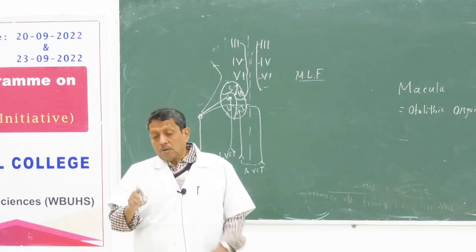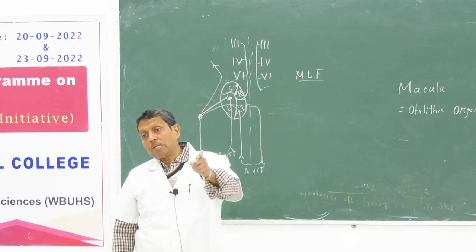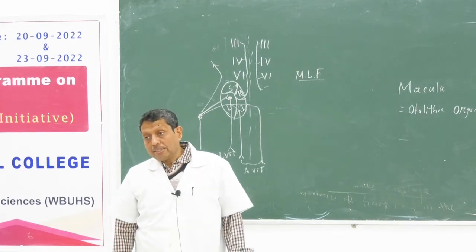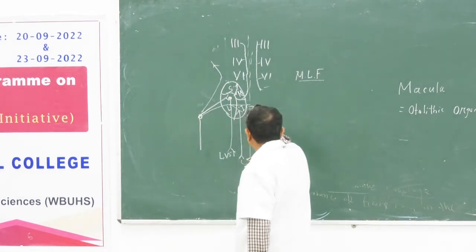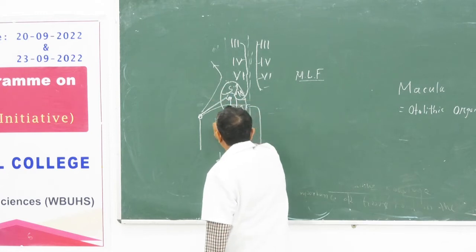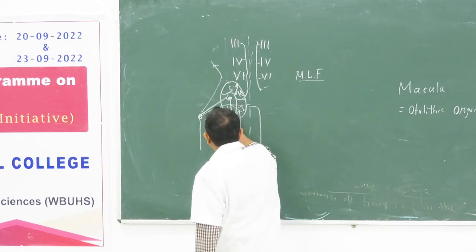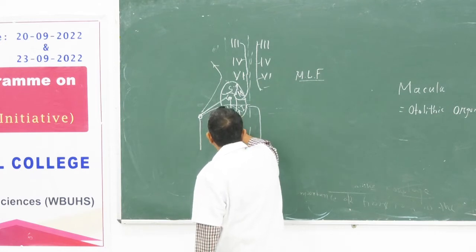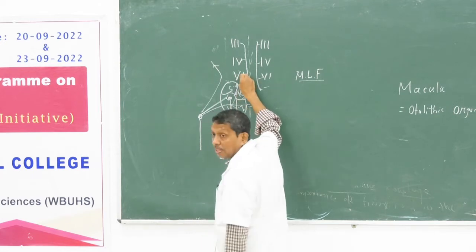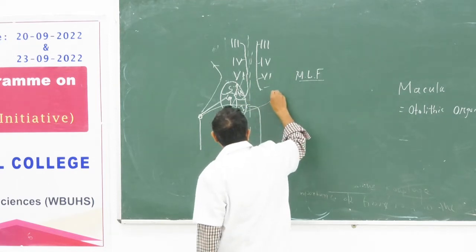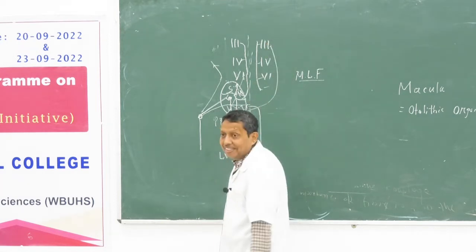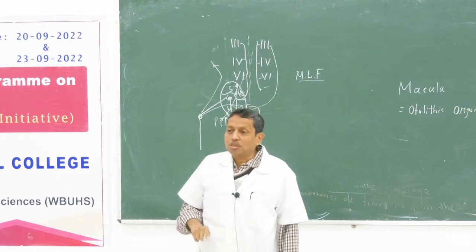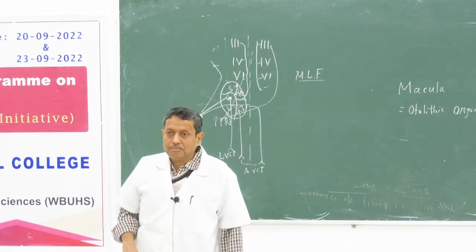On the same side, it acts upon the lateral rectus, and it has control over the sixth nerve of this side, and by crossing to the other side, the medial rectus. Otherwise, how is it possible?